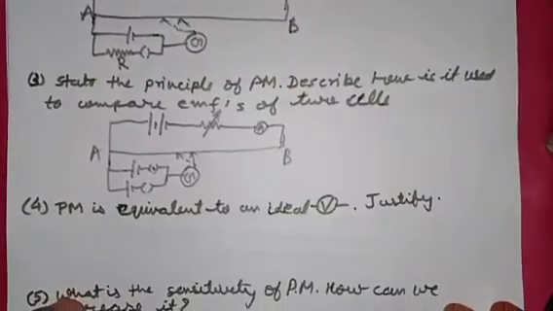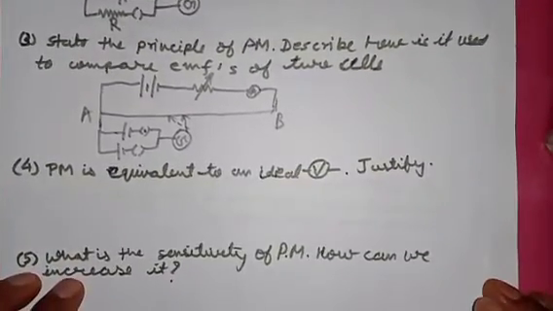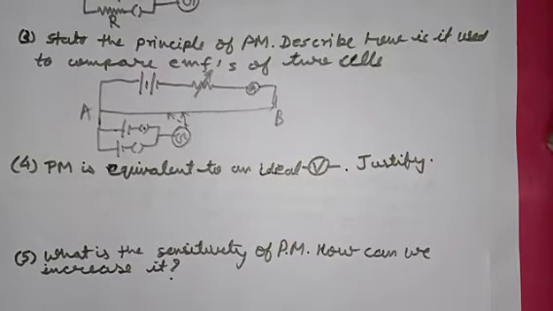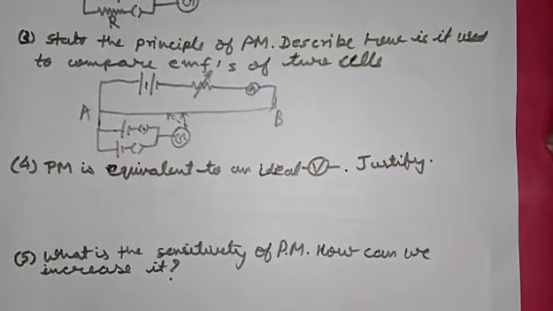Next, a potentiometer is equivalent to an ideal voltmeter. V is the symbol for voltmeter. Justify. So actually, a potentiometer is a device which measures potential difference, EMF, in null deflection condition.